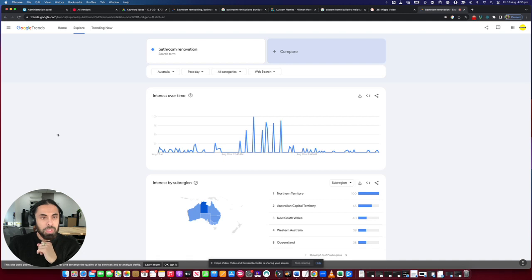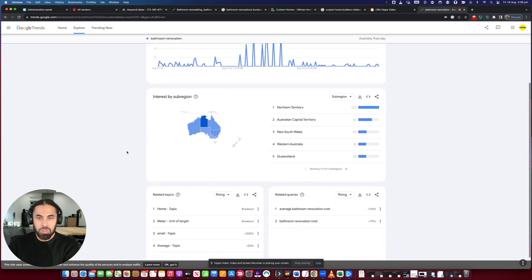So basically, within Australia, the number of activity for the term bathroom renovation, as you can see it goes up and down, and it has a certain amount of activity. This is over a 24-hour period, so you can see from August 17th, 4:40 p.m. till today, and you can see roughly how many visits it's had across the whole of Australia.